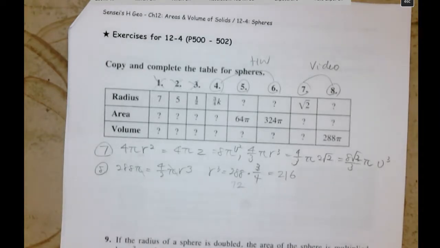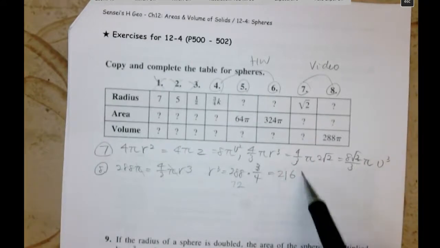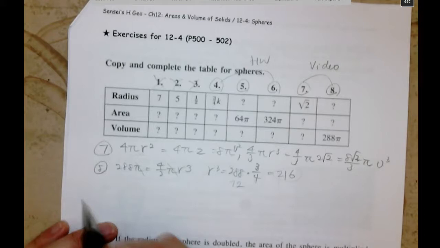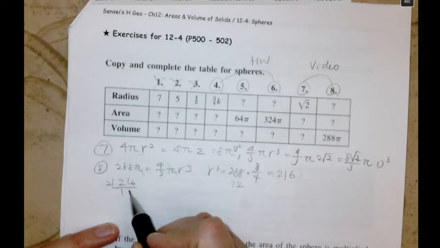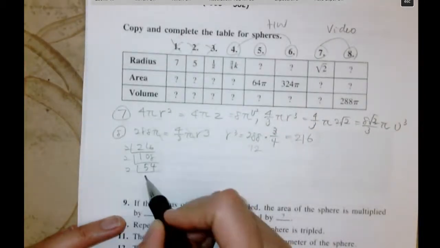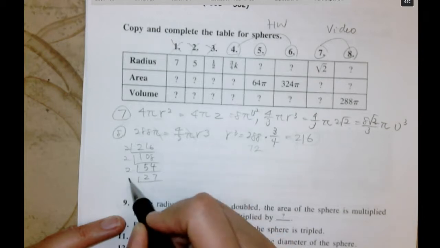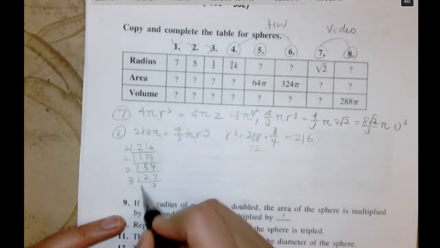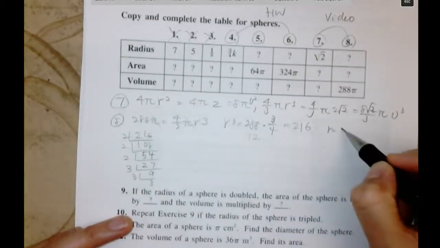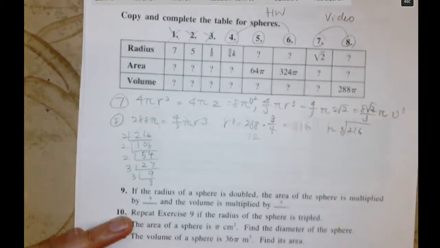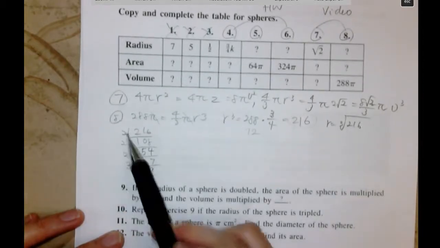So let's look at the calculator. If you don't have a scientific calculator, let's just do it the old-fashioned way. Let's prime factor it. So 216 is 2 times 108, 2 times 54, 2 times 27, and 3, and 9, and 3, and 3. Now you remember r is the cube root of 216, right? That means you need 3 numbers repeating.